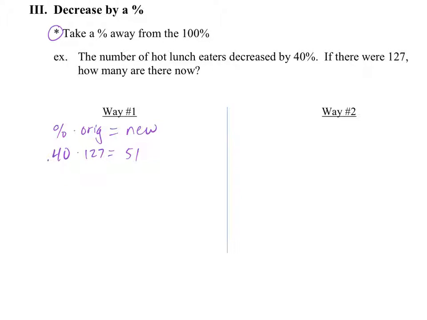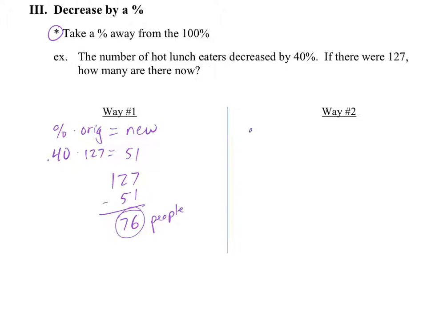It's 50.8. But in other words, if it goes down by 40%, it's going down by 51. So then we do 127 minus 51, and that gives me 76. So 76 people still order hot lunch. So that's one way that's totally legit for doing it.